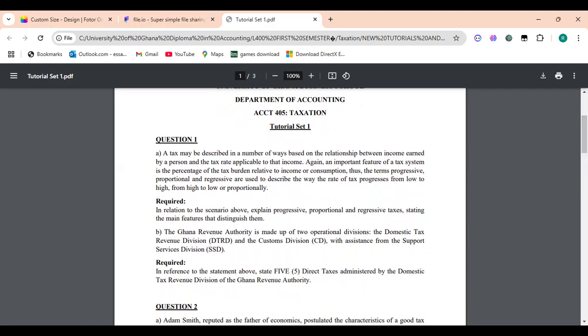Some examples of the taxes administered are: one, corporate income tax; two, personal income tax; three, Pay As You Earn; four, tax stamp; five, mineral royalties; six, capital gains tax; seven, gift tax; eight, rent tax. So basically, that is it.